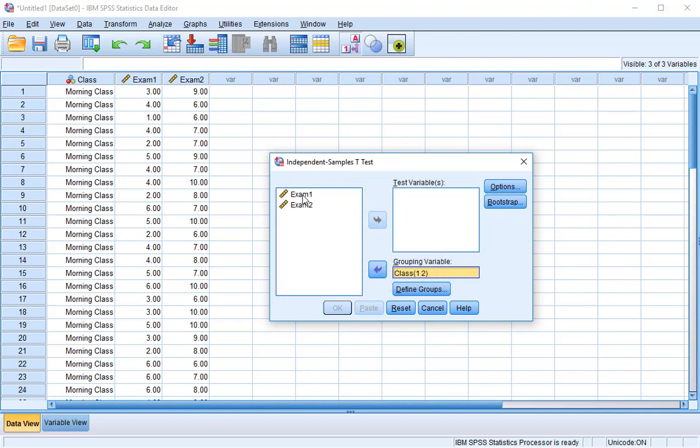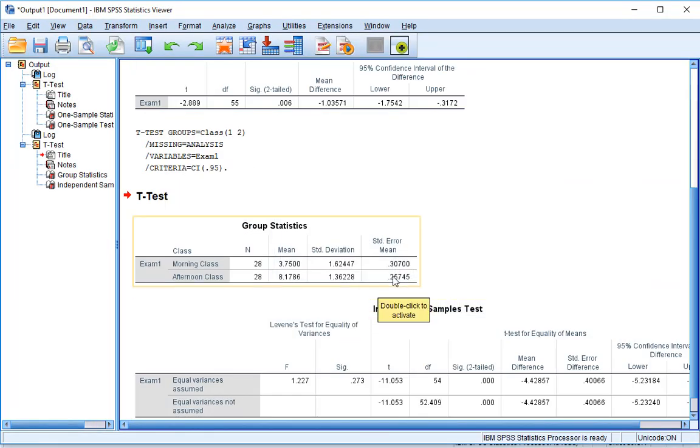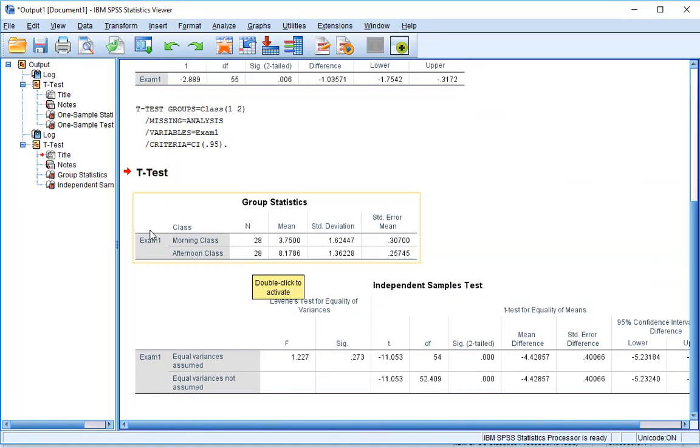Our test variable, we want to see exam 1. What we're looking at here is there a difference between the morning class's exam 1 average and the afternoon class's exam 1 average? Press OK. And here we have our t-test. Just make this a little bigger.